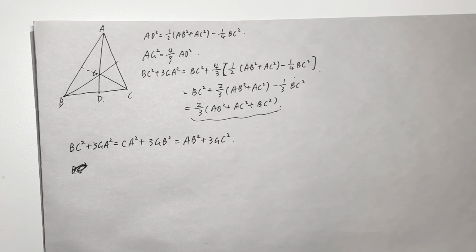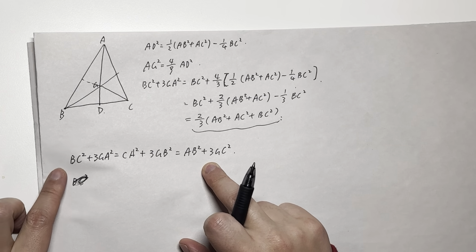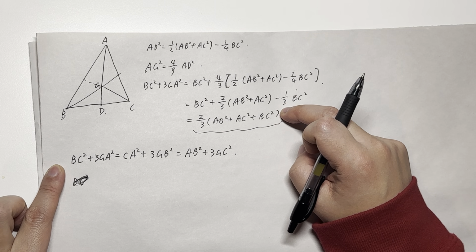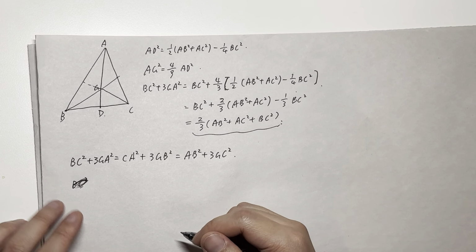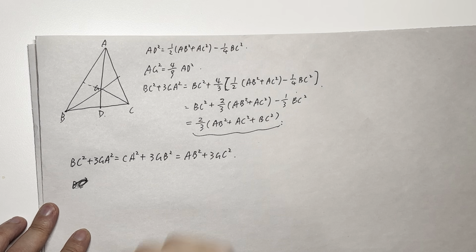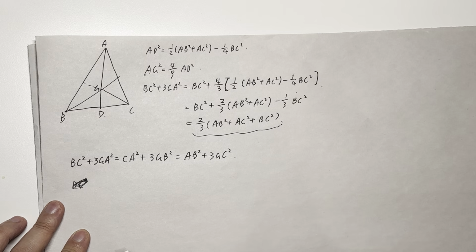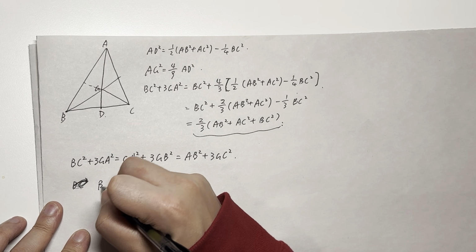So let's consider that G is the centroid. We already know this is valid, we just proved that. Now let's consider another point that still satisfies this condition. Let's call it H.